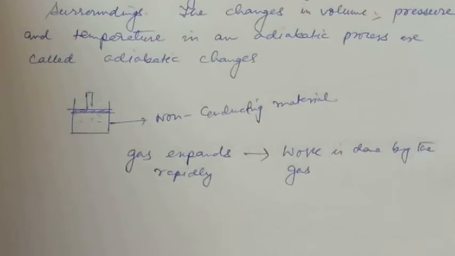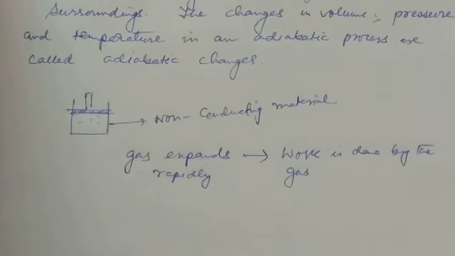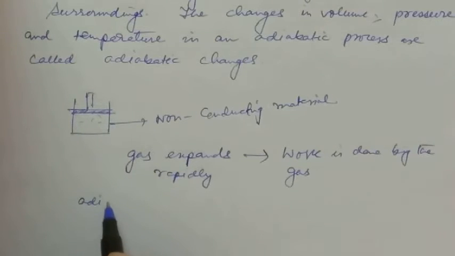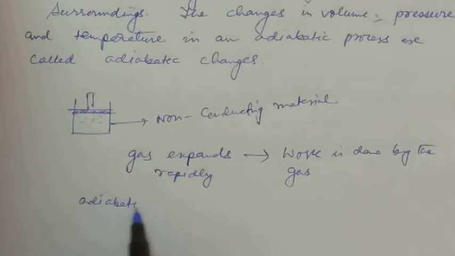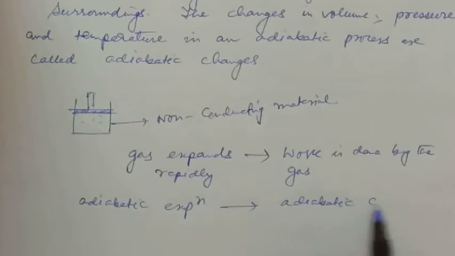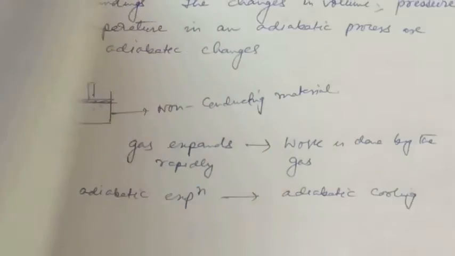This is called adiabatic expansion, and the corresponding fall in temperature is known as adiabatic cooling. Now adiabatic expansion is related to adiabatic cooling. So a question can come, what happens during adiabatic expansion? Adiabatic expansion, also known as adiabatic cooling, because ultimately we see that the temperature of the gas has fallen.